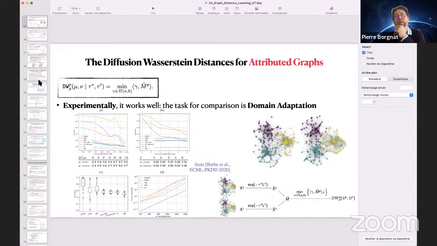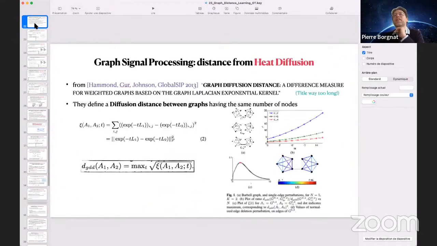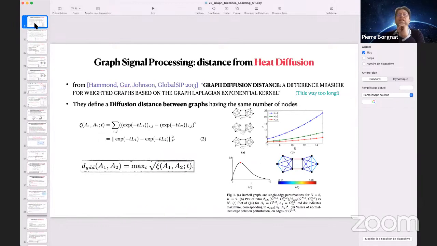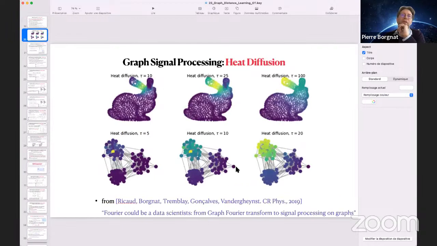But yes, we can see it like that. If you are diffusing the features on a relevant scale on the graph, you are combining both something of the topology and something of those features.